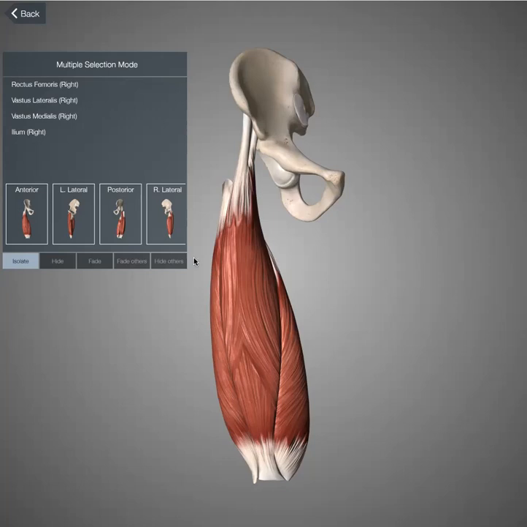It is required to extend your shaft, the part of the leg that is below the knee.